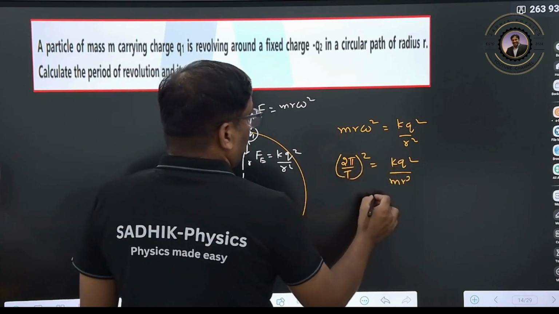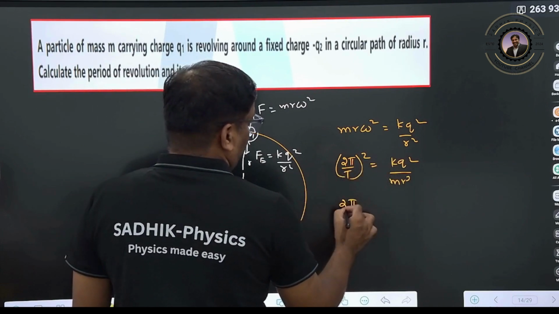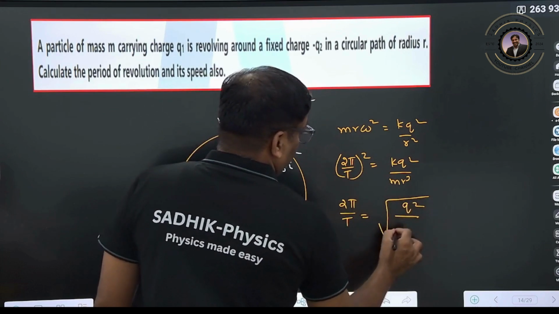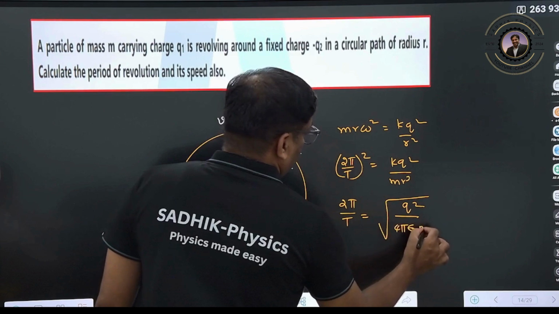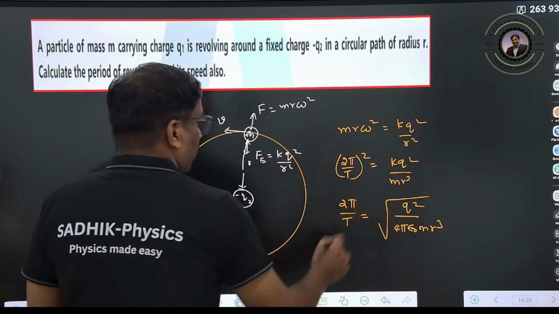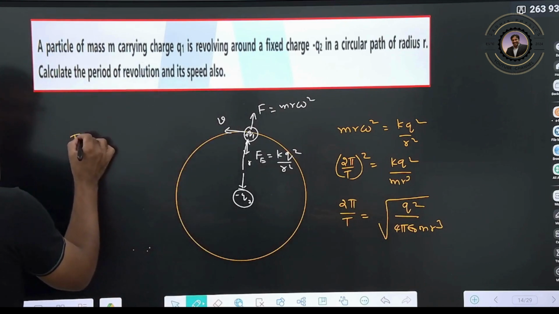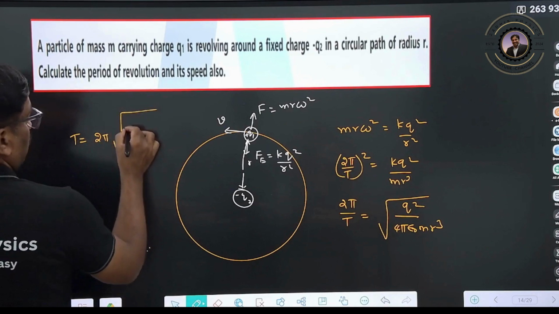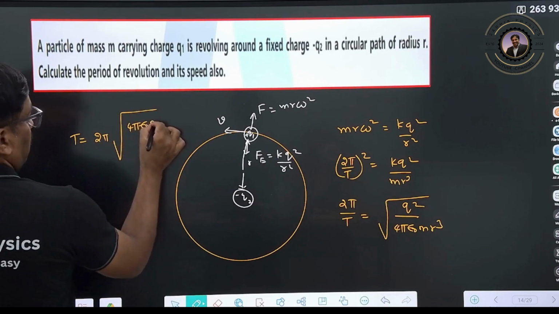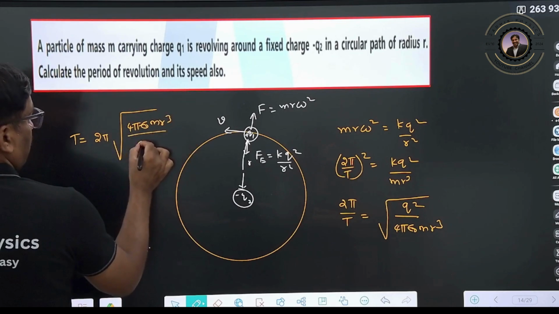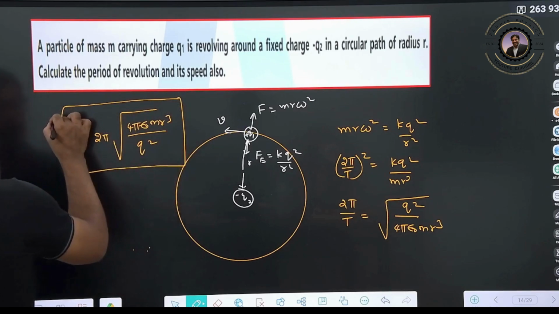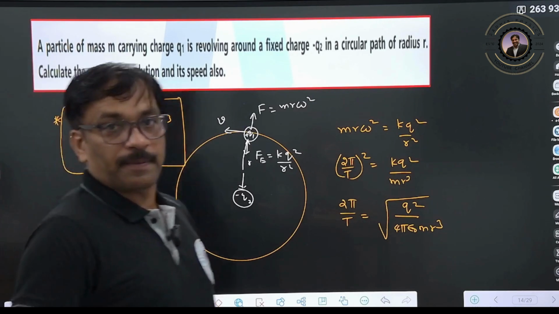Therefore you can write it as a root: 2 pi by t is equal to the root of q square by 4 pi epsilon naught m r cube. Therefore t is equal to 2 pi into the root of 4 pi epsilon naught m r cube by q square. So this will be the time period. Clear?